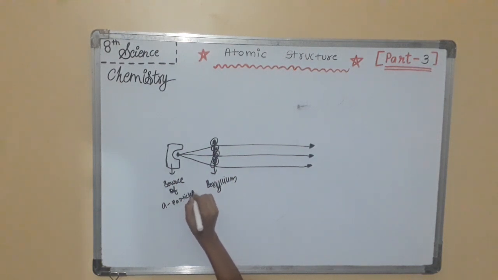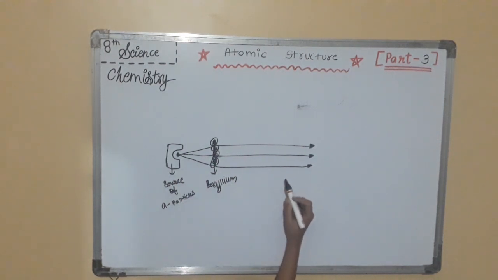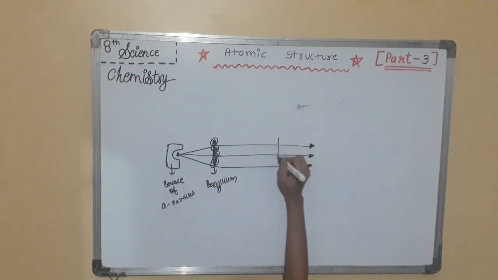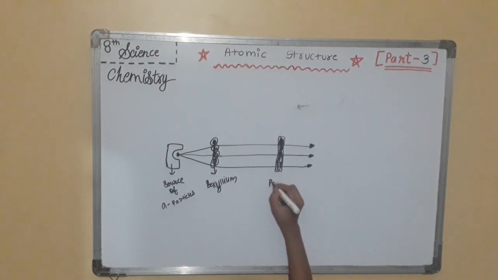After that, this rectangle shape was called paraffin wax block. This was the spring type.